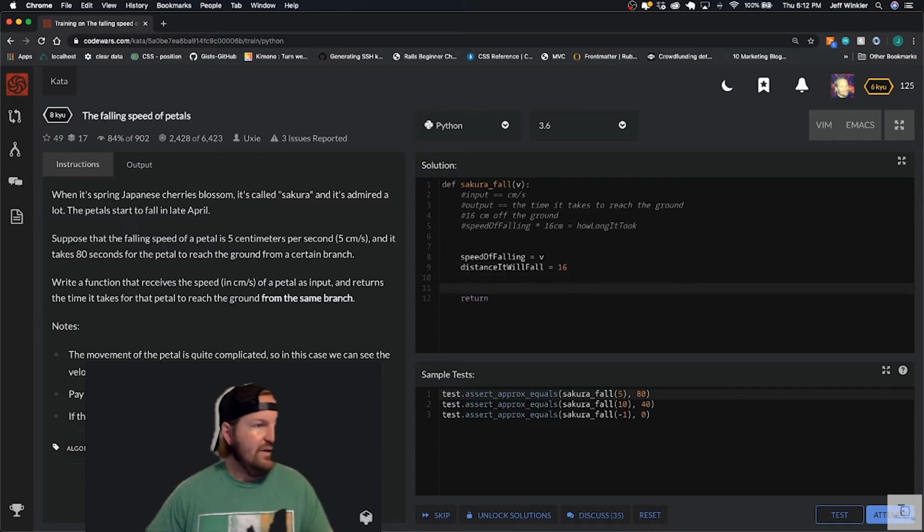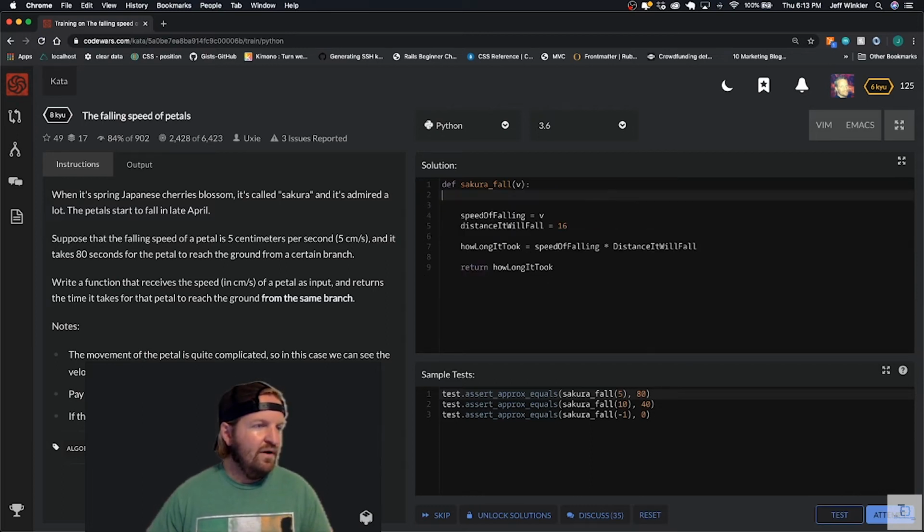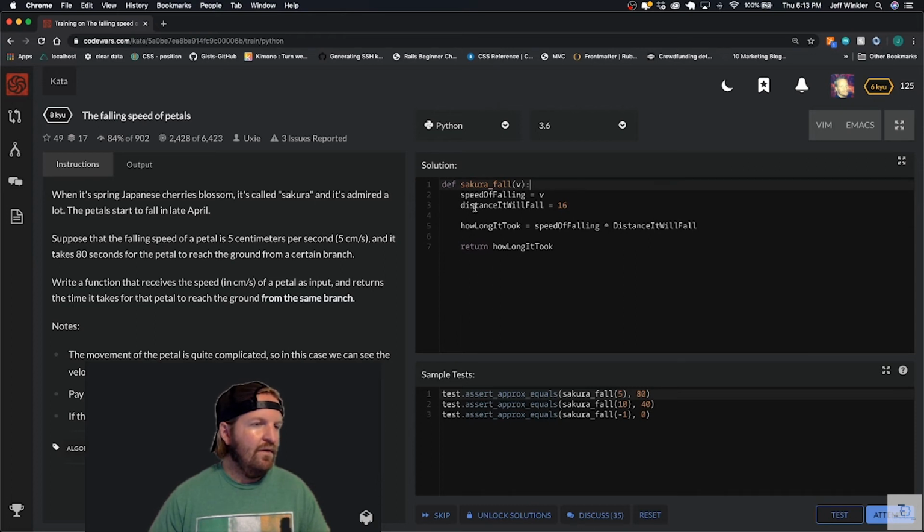Okay, I'll type these out. Let's say what we're trying to find is how long it's going to take. So how long it took is going to be the speed of falling times the distance it will fall, and then we just return how long it took. That seems right, but I felt this way yesterday and it didn't work out.